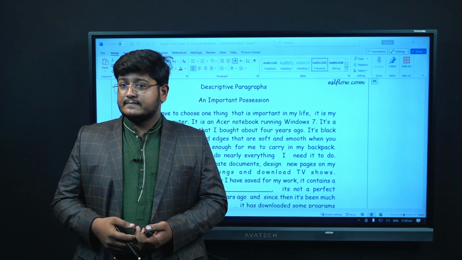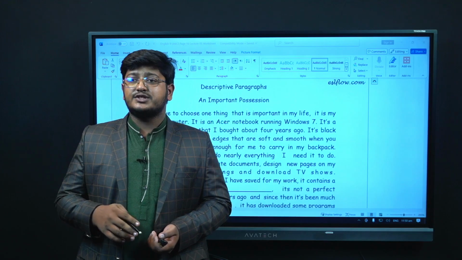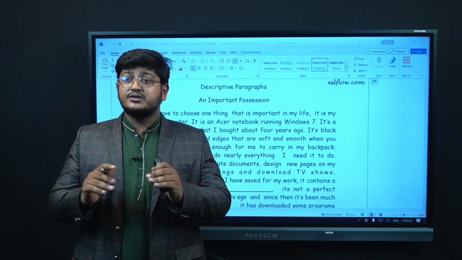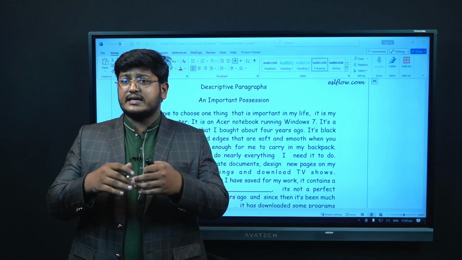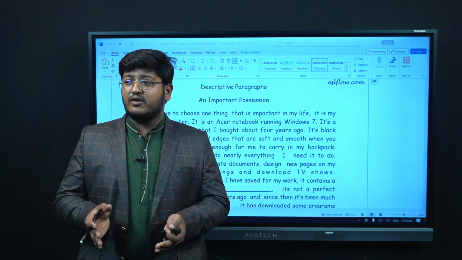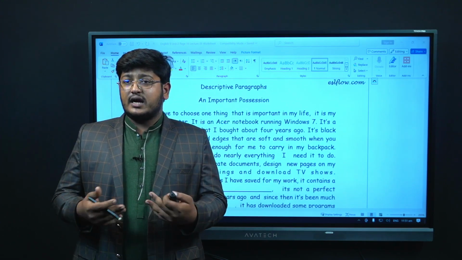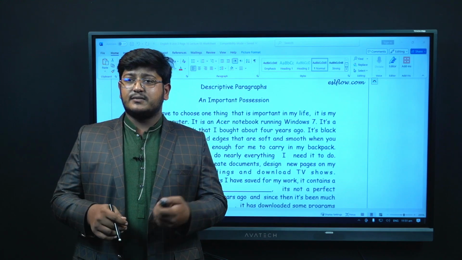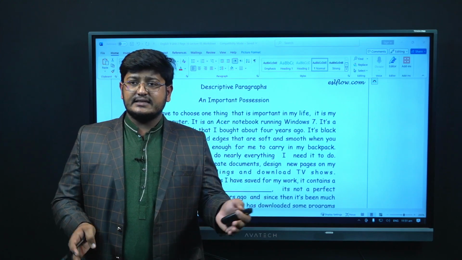A descriptive paragraph is a type of paragraph in which you describe some object. You don't expose that object, you describe that thing, that object, that personality. Like if you have read a paragraph on Quaid-e-Azam, you read that he was born there, he took education like that, he did his degree and this and that.